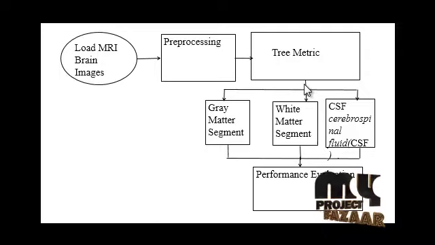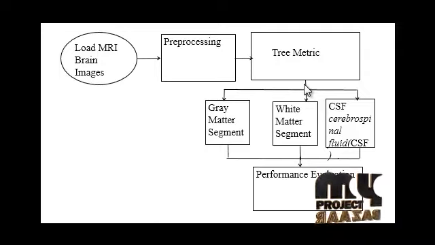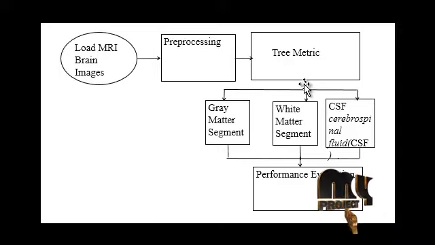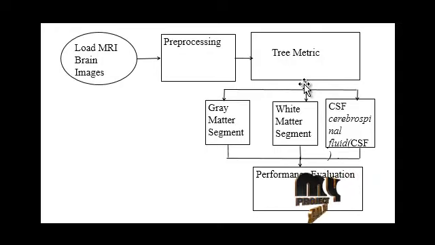Therefore, we need to map the grayscale labels to 4 labels: gray matter, white matter, CSF, and also background. Finally, we will go for our performance evaluation. In that, we are counting the pixels of gray matter and white matter, and we will also find the PSNR and MSE values and also the entropy value.